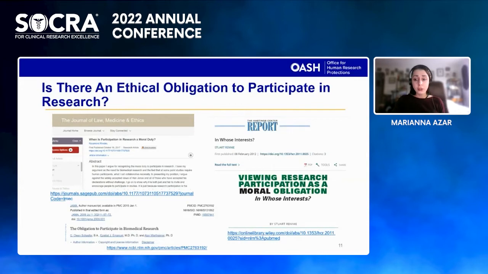Now, another shift in our view of justice relates to the ways research studies have been integrated into the healthcare system that provide clinical care. Seeing a direct impact of research has led some to argue that the public has an ethical obligation to participate in research.